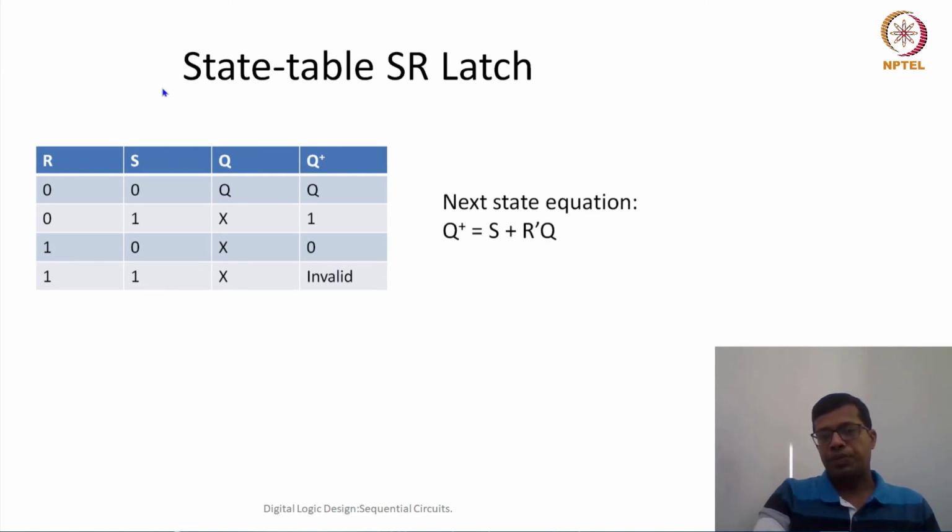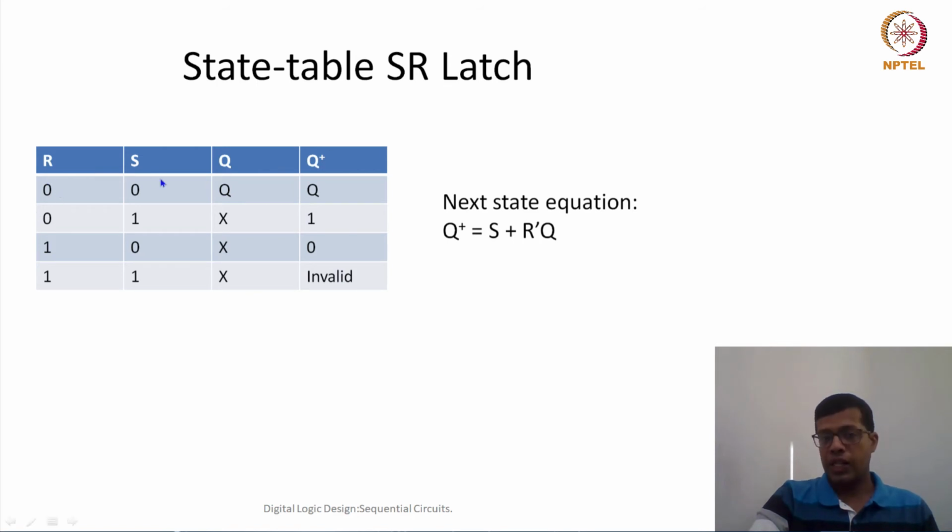If we solve this as a K-map problem, we can represent Q plus, the next state of the output, as S plus R dash Q. This is called the next state equation, because it tells us what the next output would be, and the next output depends on two things: the previous input and the current input.